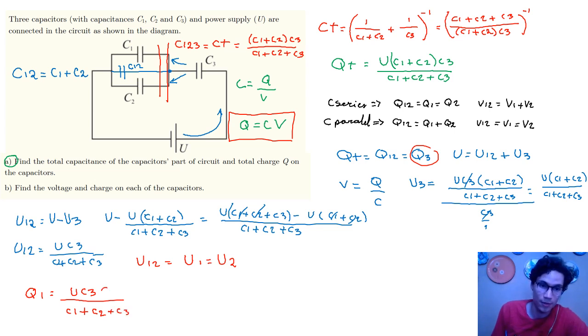The capacitance of capacitor 1 is C1. And the same process with the charge 2, which will be equal to U C3, but in this case times the capacitance C2, over C1 plus C2 plus C3.